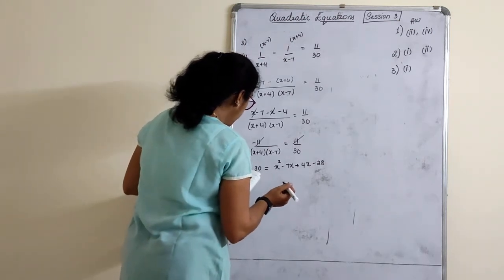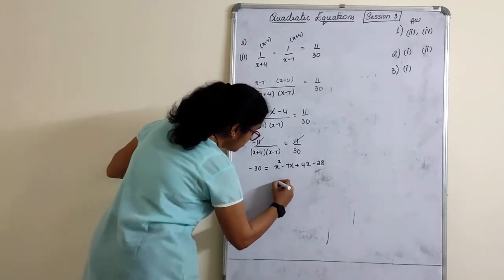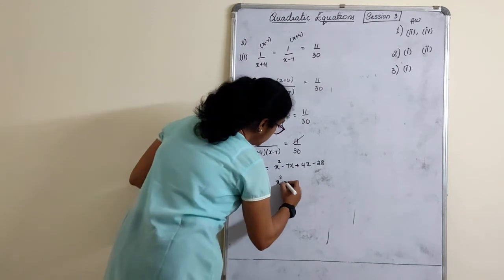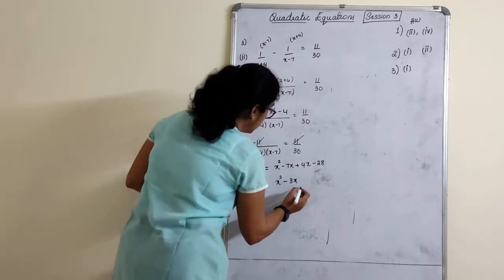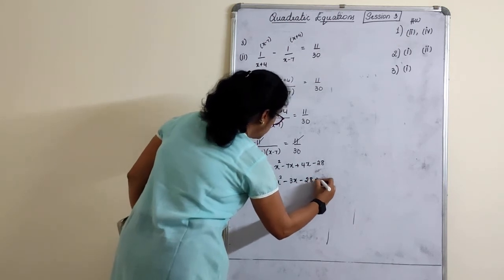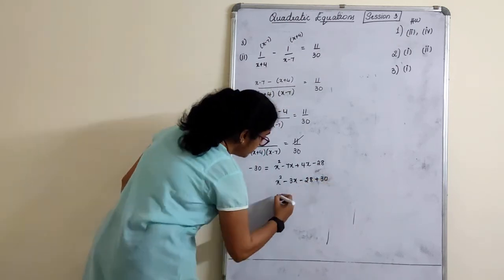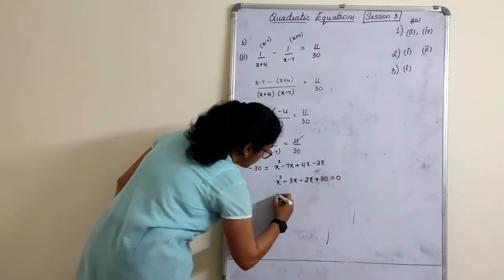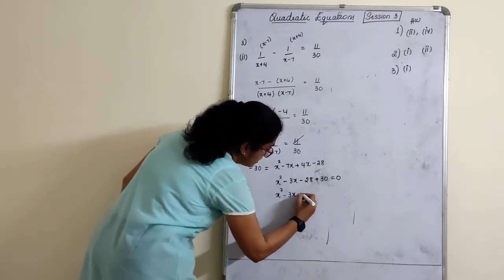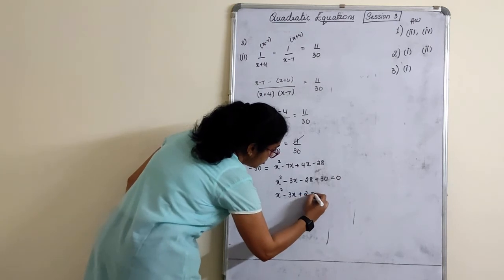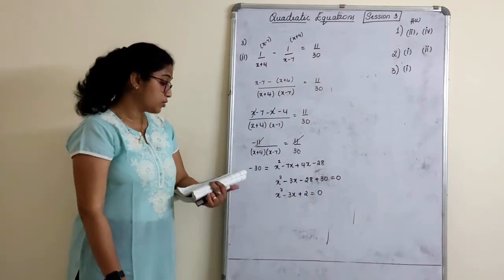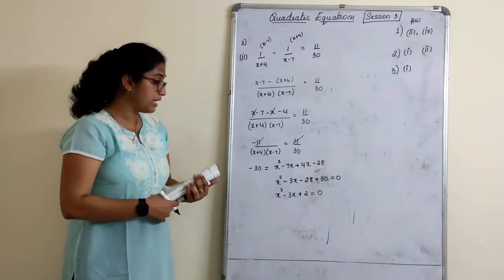Next part what I will do here now is x square, minus 7 plus 4 minus 3x, minus 28 plus 30 is equal to 0. x square minus 3x as it is plus 2 is equal to 0. So x square minus 3x plus 2 is the equation.